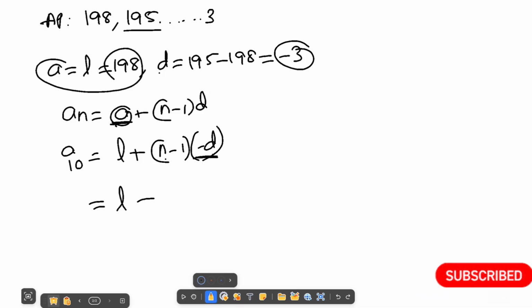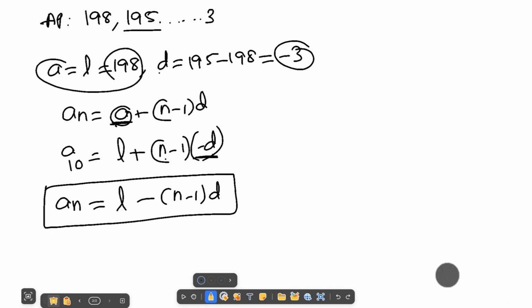That is l minus n minus 1 into d. So to find the 10th term or any term from the last, this is the formula: the last term minus n minus 1 into d.